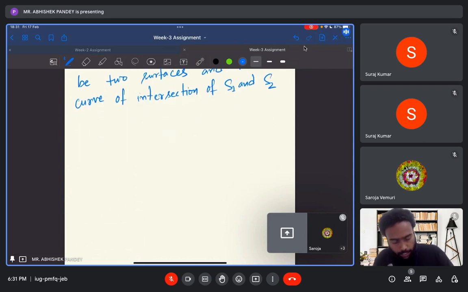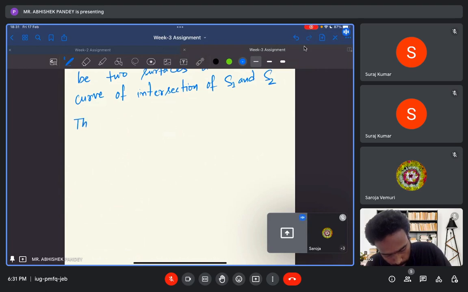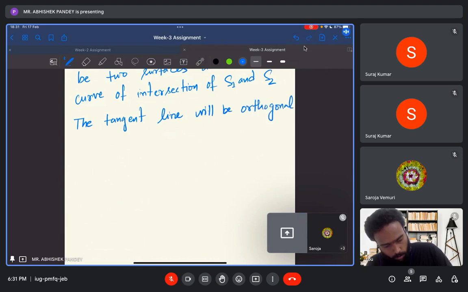So the tangent line will be orthogonal to both del f and del g at P naught.